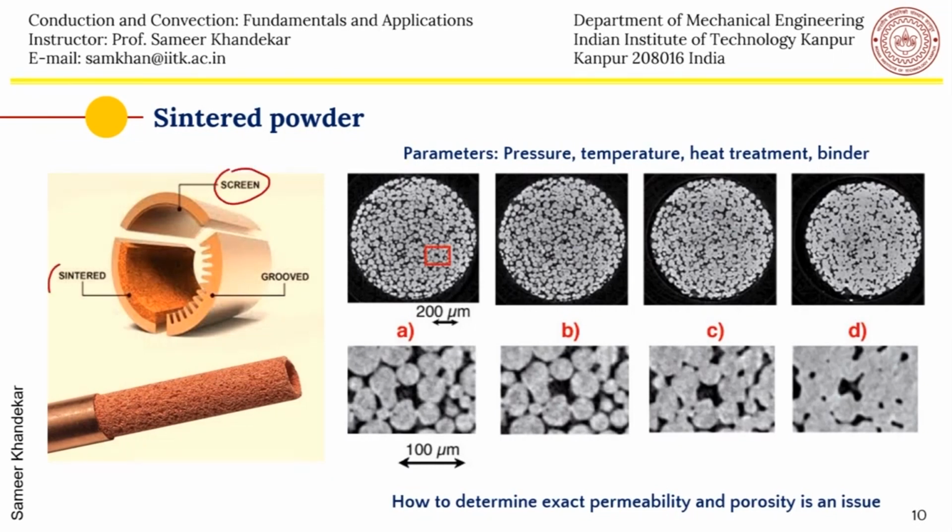which is controlled. The porosity and permeability are controlled by the pressure, temperature, heat treatment, and the binder material. Depending on the temperature and the time, you can see the porosity is getting lowered as you go in this direction.